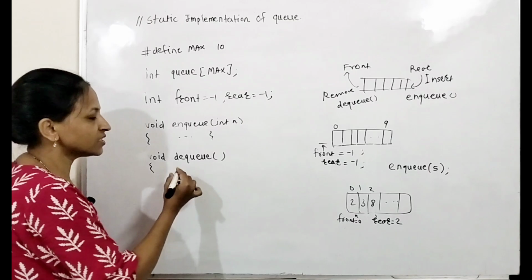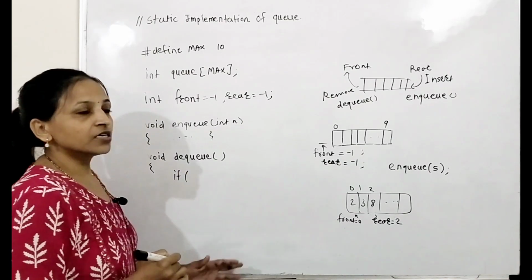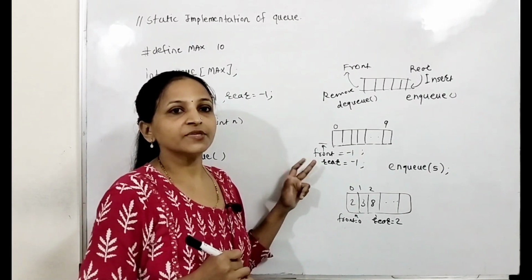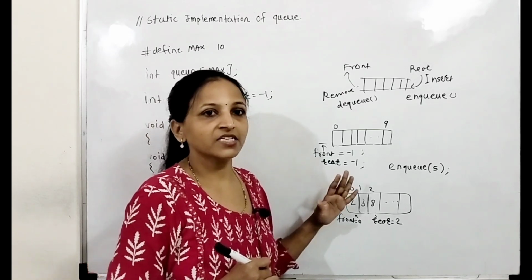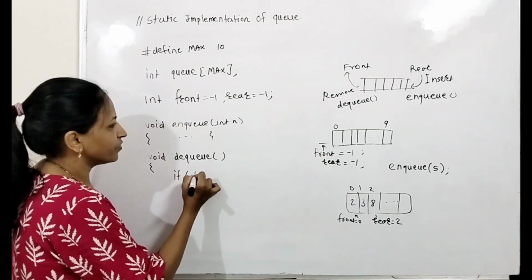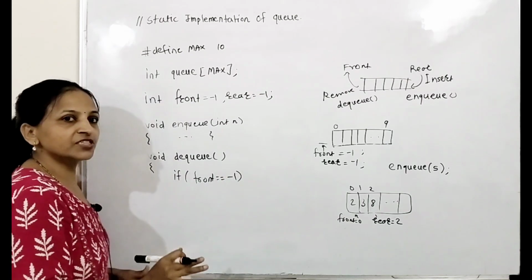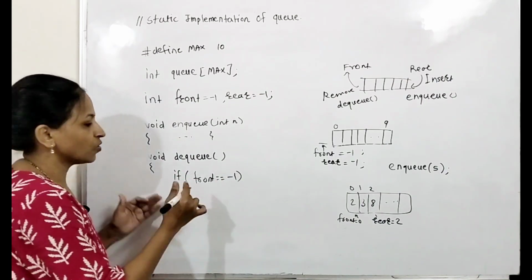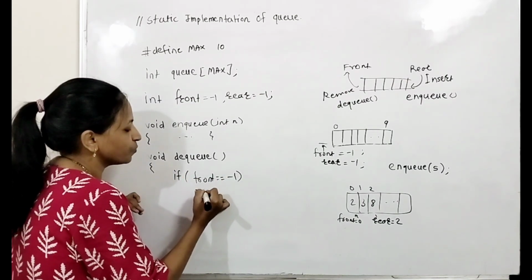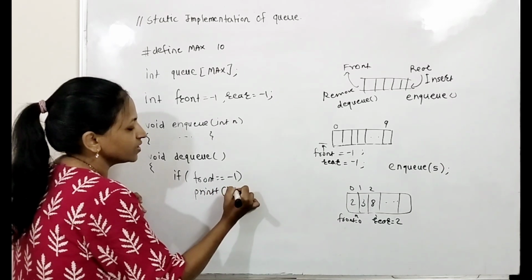Now how will we do this? First we will check whether Q is empty. Q is empty means front and rear both will be -1. If front equal to -1, only this is sufficient, there is no need to check rear also. In that case we print printf Q is empty.